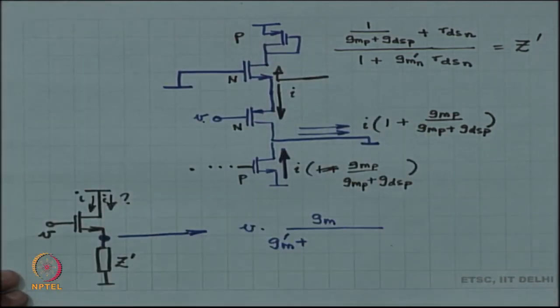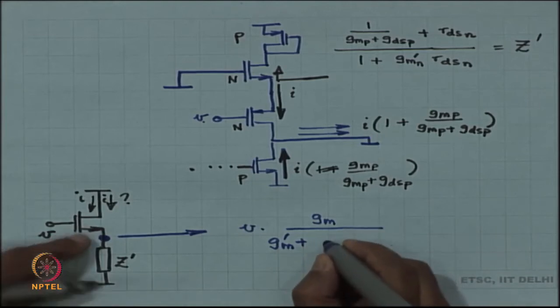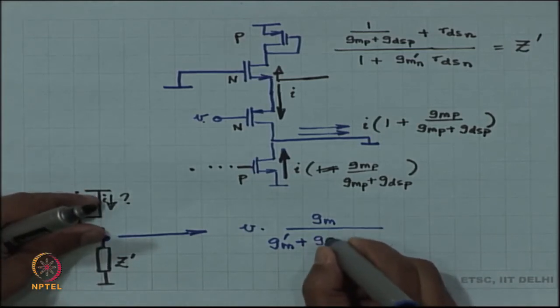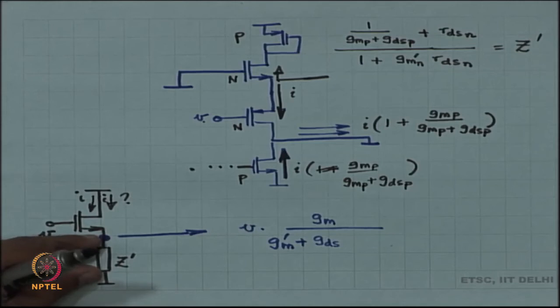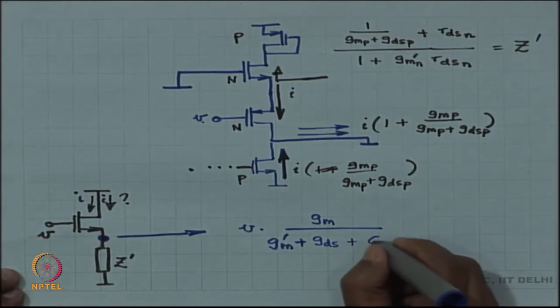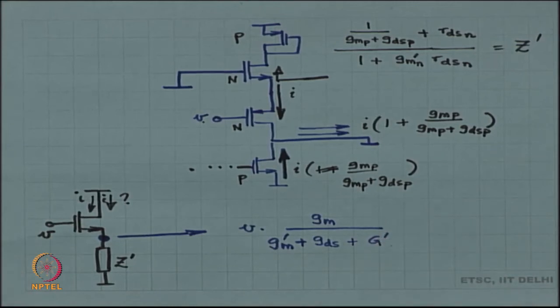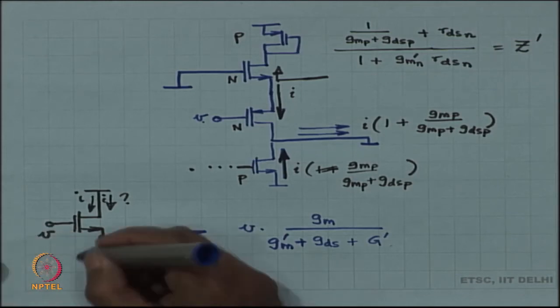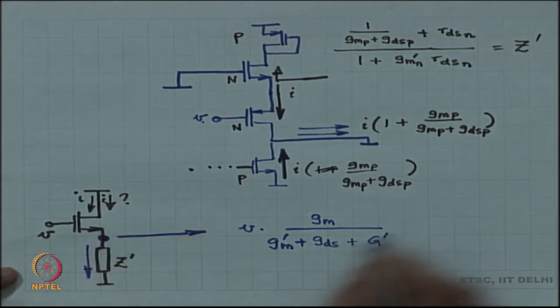I am writing it as GM prime, plus the other non-idealities: GDS and Z prime. That is the voltage over there. Now, the current I is this voltage times G prime.